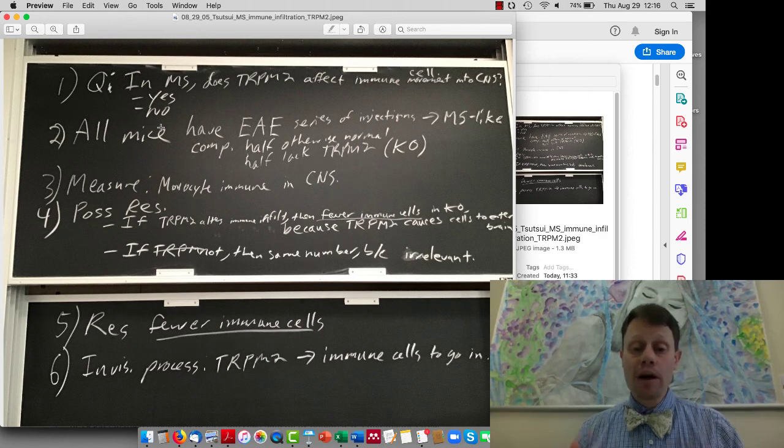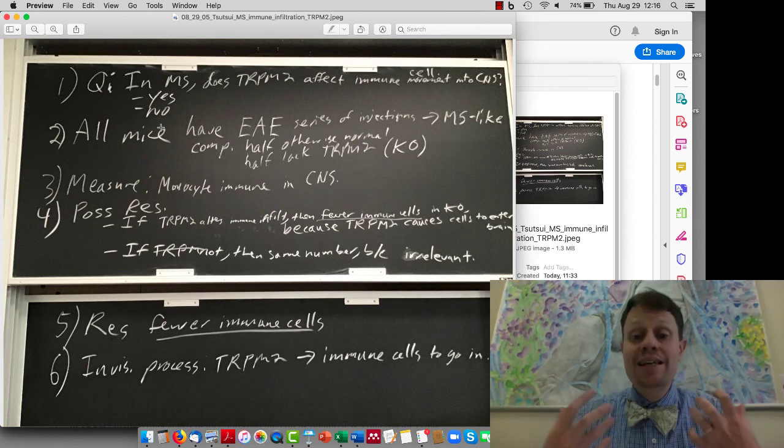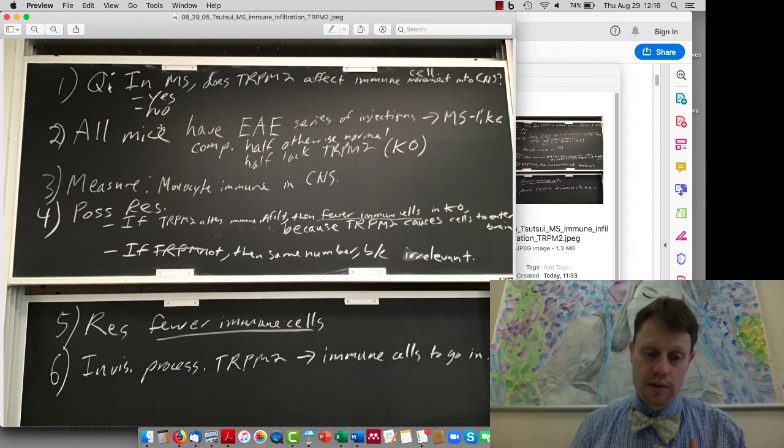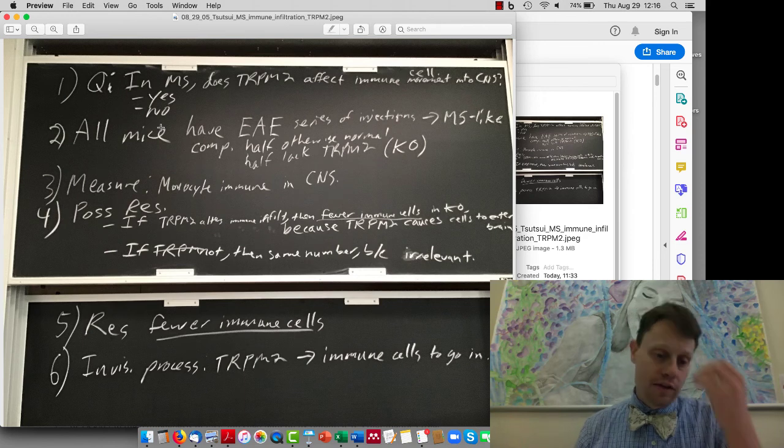And then the invisible process that they aren't measuring is that this channel is stimulating these cells to enter into the central nervous system. The alternative possibility, we went a little bit quickly over this, is that if there's no influence of this channel, then they would expect the normal mice and the mice that are missing this channel, so-called knockout mice, to have the same number, because this channel isn't involved in this infiltration.